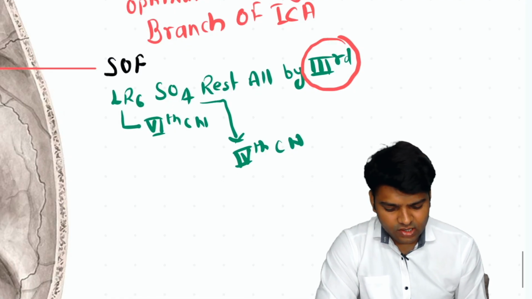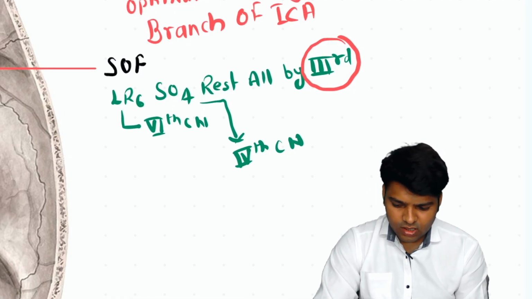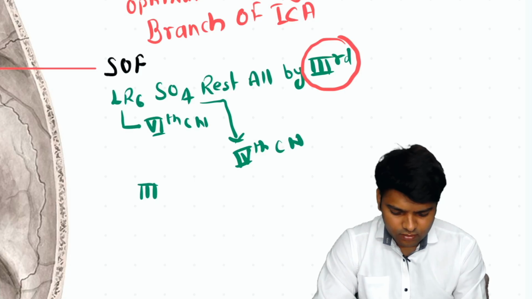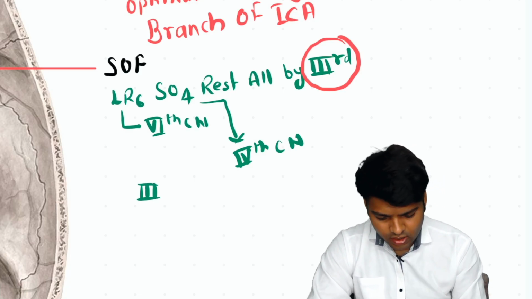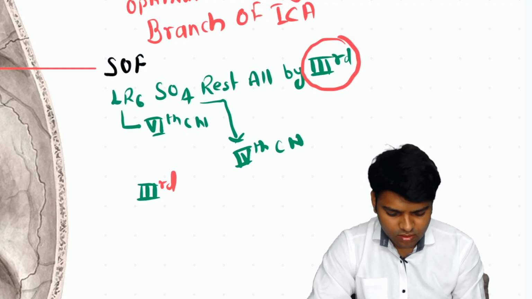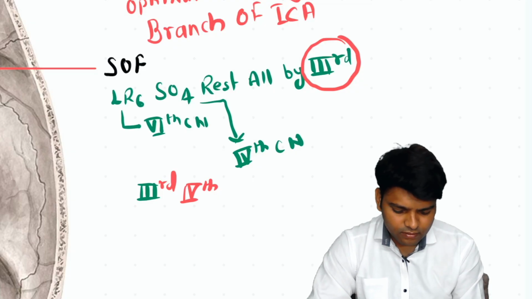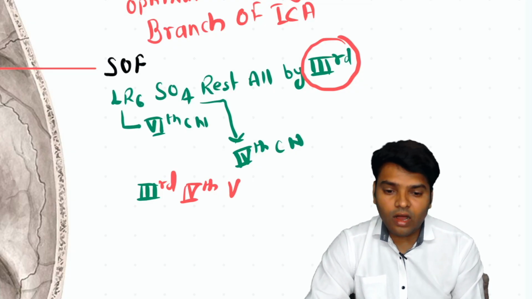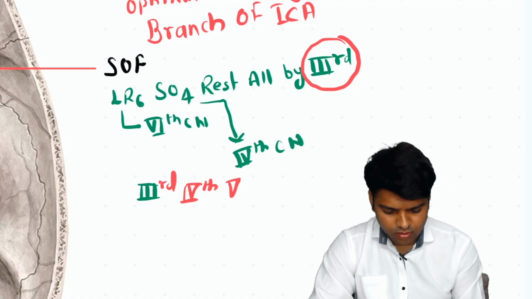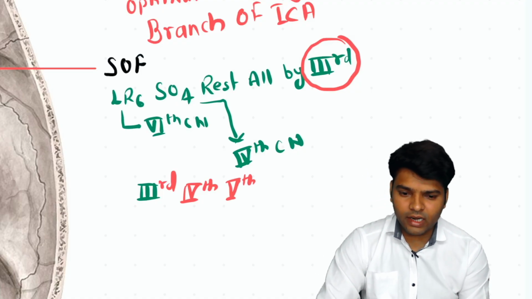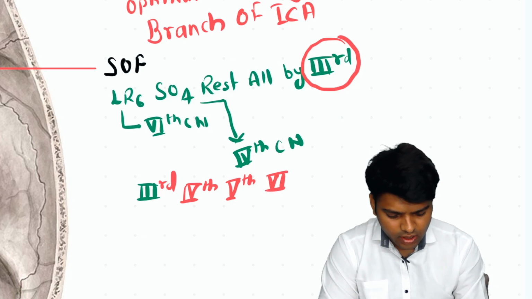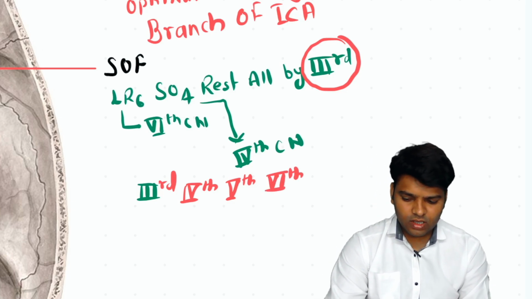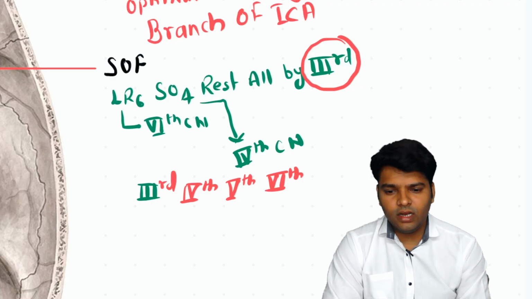We have the 3rd cranial nerve, the 4th cranial nerve, and the 5th cranial nerve also, but I will tell you how and which branch of the 5th cranial nerve. And the 6th cranial nerve.